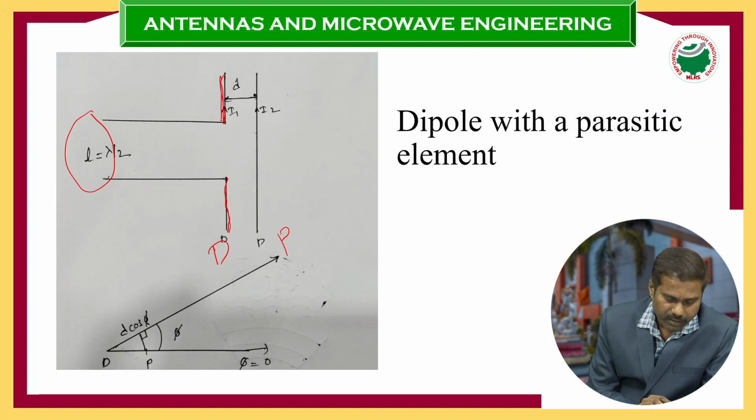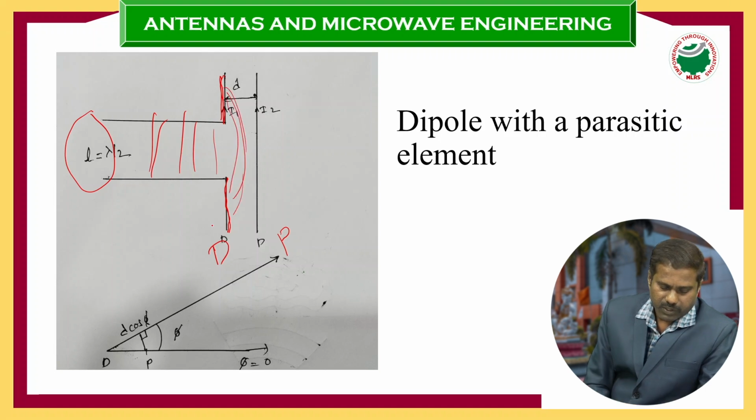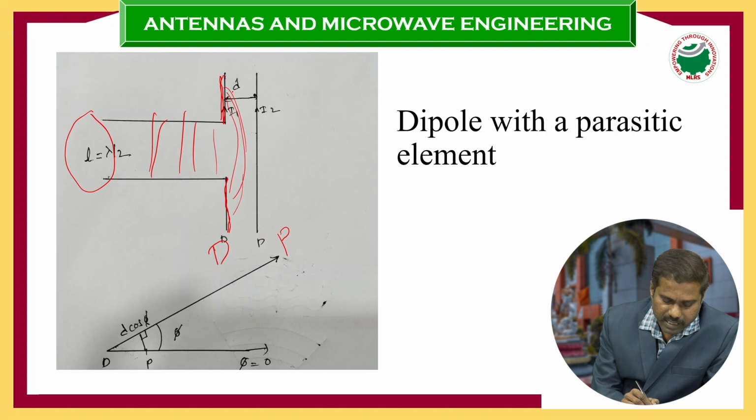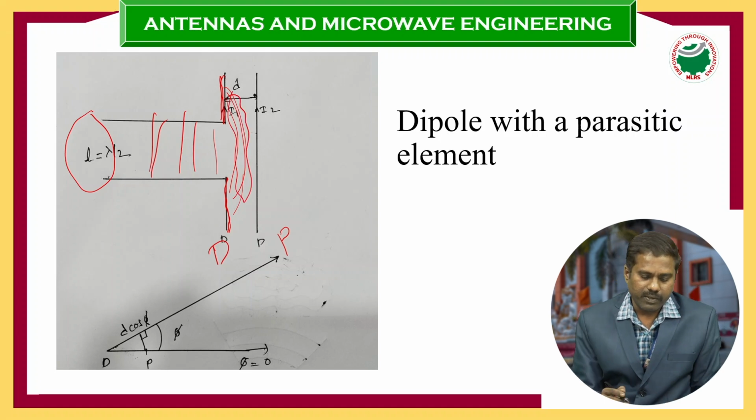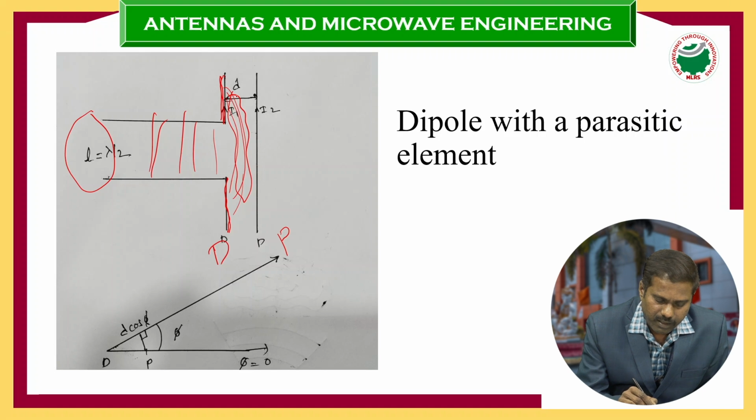When the source is applied to this, whatever field lines are there continue to the end of these two radiators. These lines are detached from this dipole, and what we call them are EM waves.